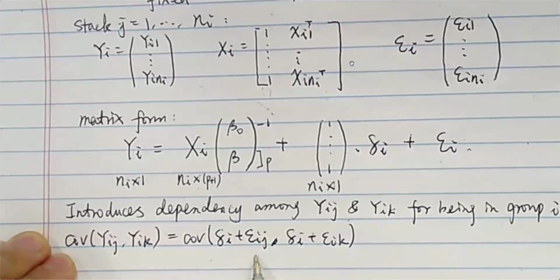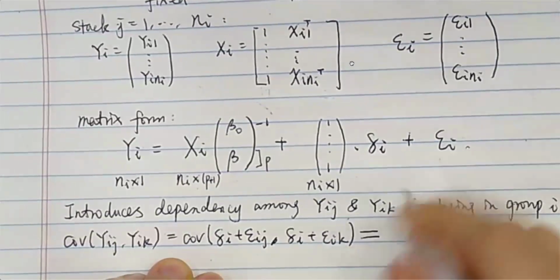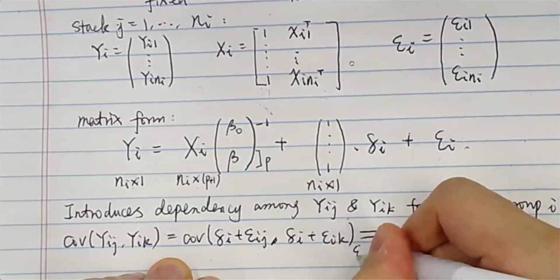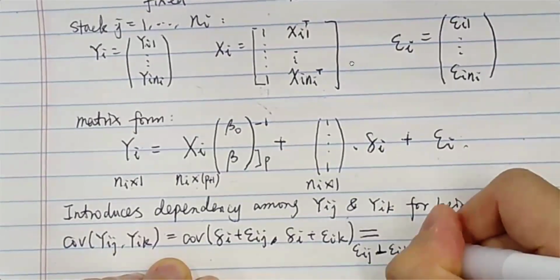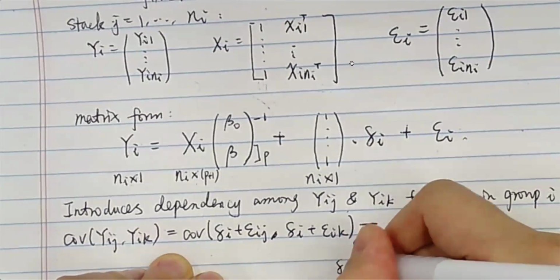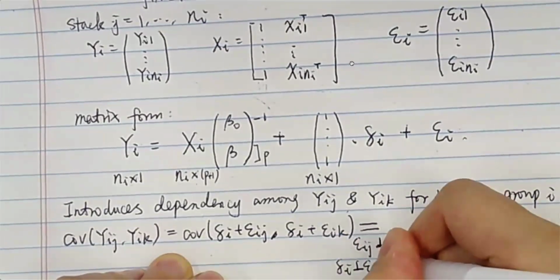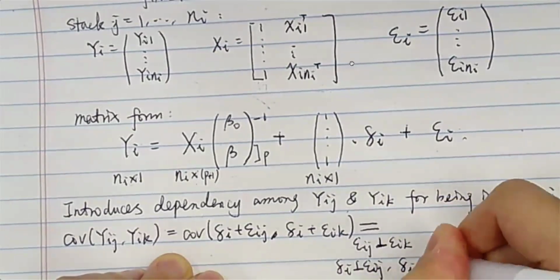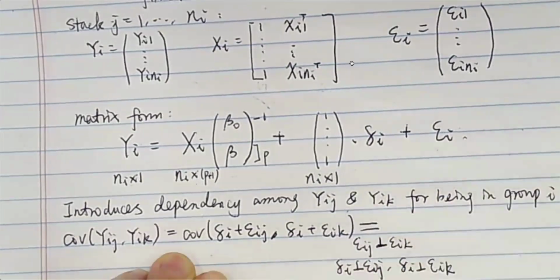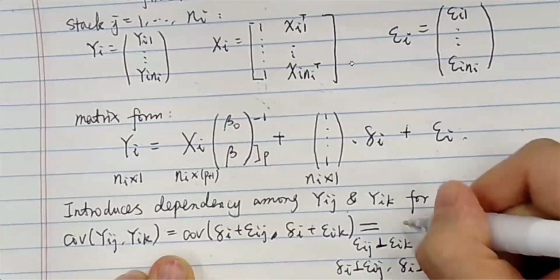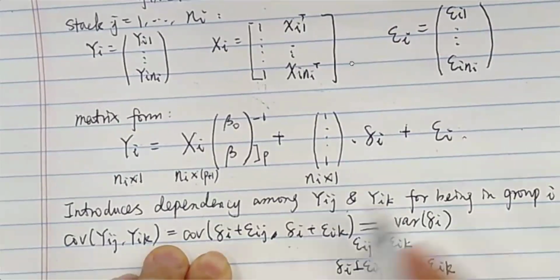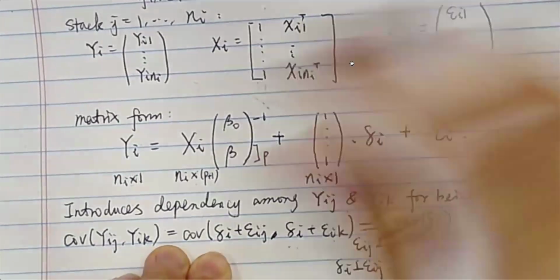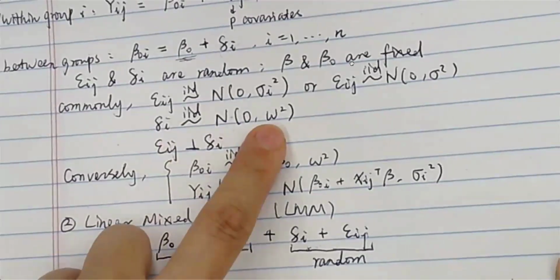Now you can see the assumptions will help us. Right now, what we have is delta_i independent of epsilon_ij, and independent of epsilon_ik. We also have epsilon_ij independent of epsilon_ik. So with all these independencies, I can reduce this covariance to just the variance of delta_i, because delta_i is involved in both terms. And this variance of delta_i, based on what we have right here, is omega squared.